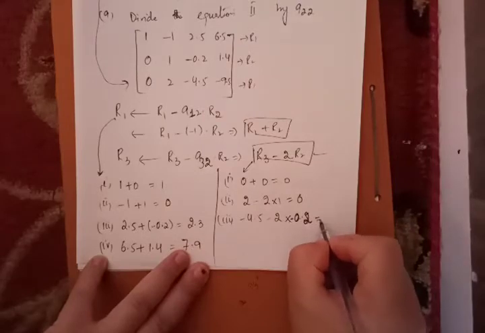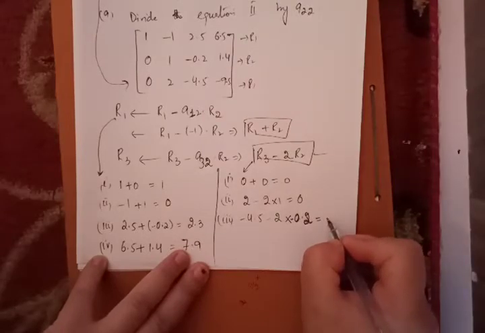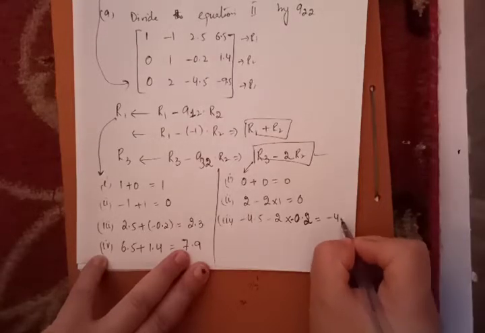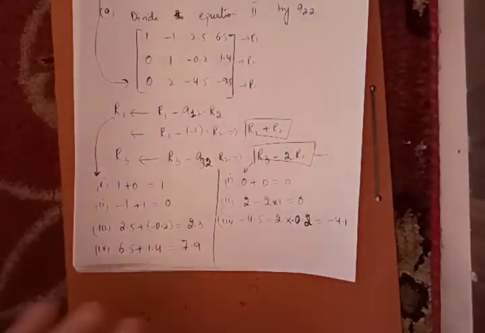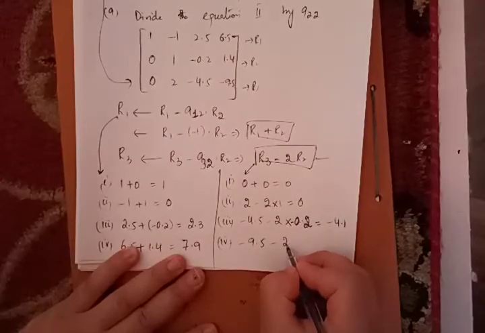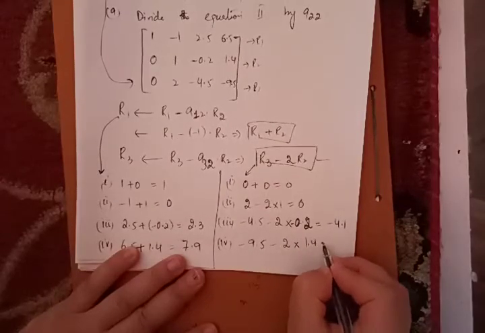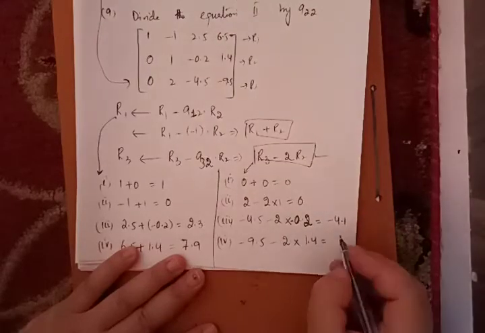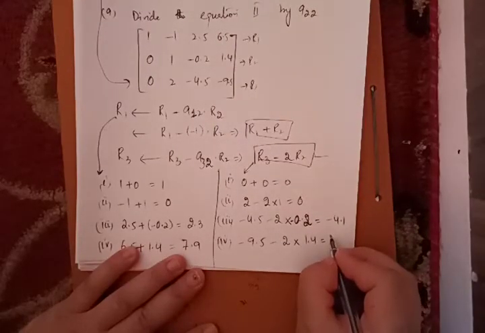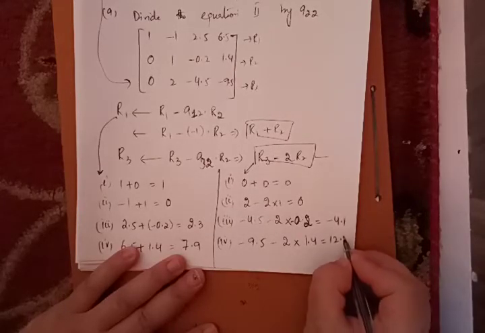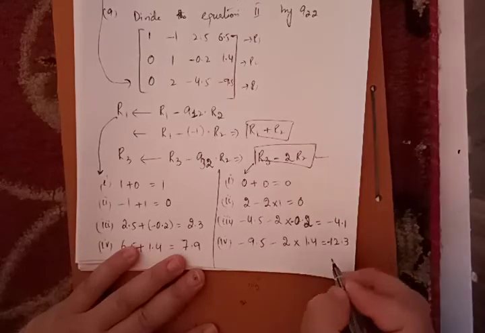So the result would be minus 4.1. Fourth one, minus 9.5 minus 2 into 1.4, that is 2.8, so this will be minus 12.3.